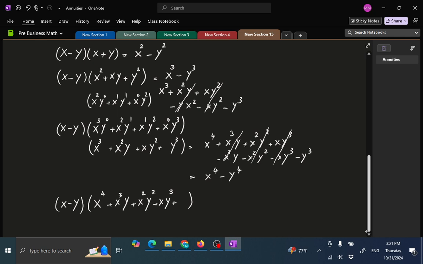And x completely loses everything, and now y. Final effect is that when you multiply all of these things and simplify after this telescoping summation, what you get is x to the power of 5 minus y to the power of 5.